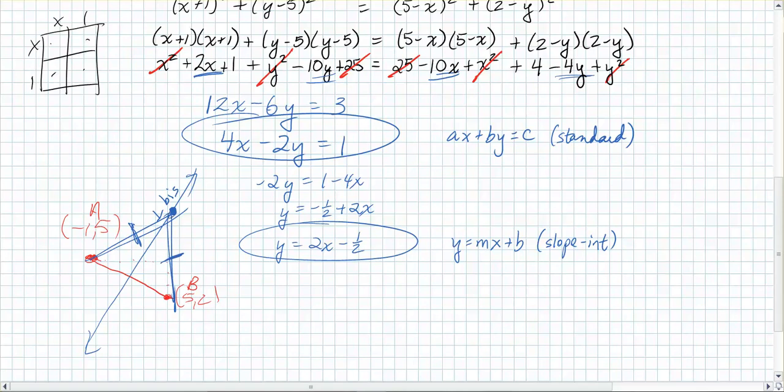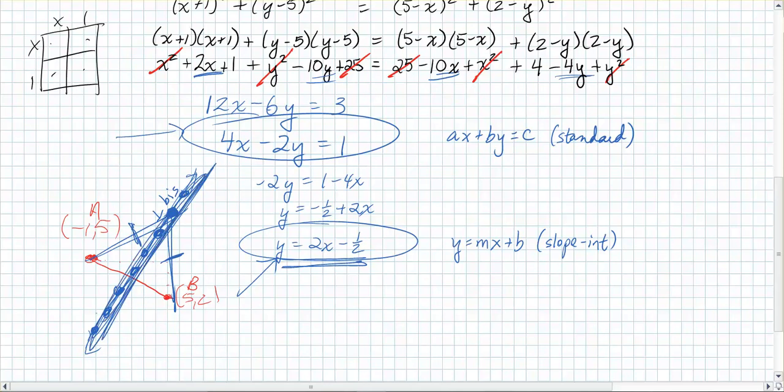So really, all these points right here are all the different possible P's that satisfy these equations. So this equation right here is the equation of that blue perpendicular bisector.